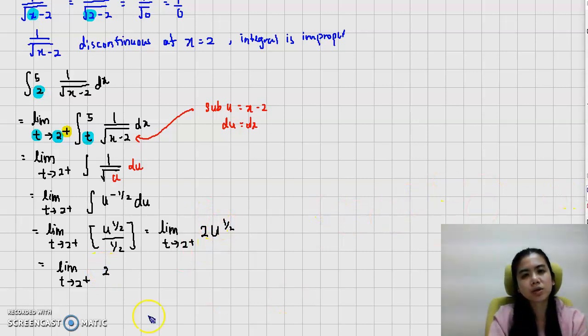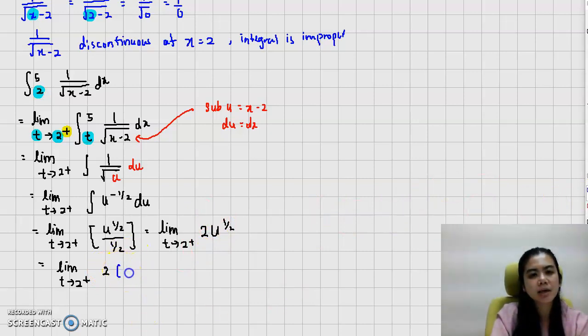So what is the u here? The u here is actually x minus 2, and we have the 1 over 2 here. So now everything is in x. To put back our interval, from t to 5, put it back.